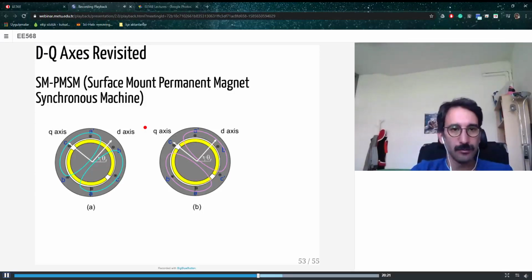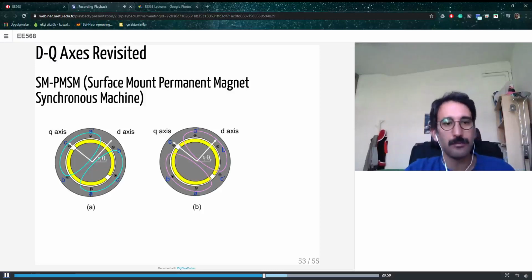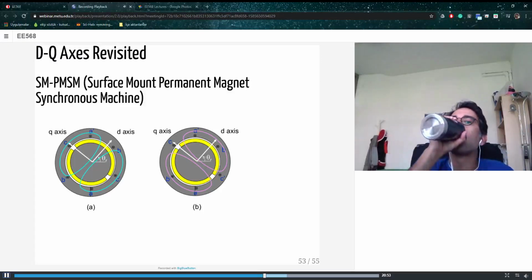LD. Bakalım, bir saniye şey yapıyorum. Surface mount olunca eşit olmuyor mu? Evet. Bir saniye abi. Uyuyanları uyandıralım. Bunu surface mount için diyoruz değil mi? Surface mount için.